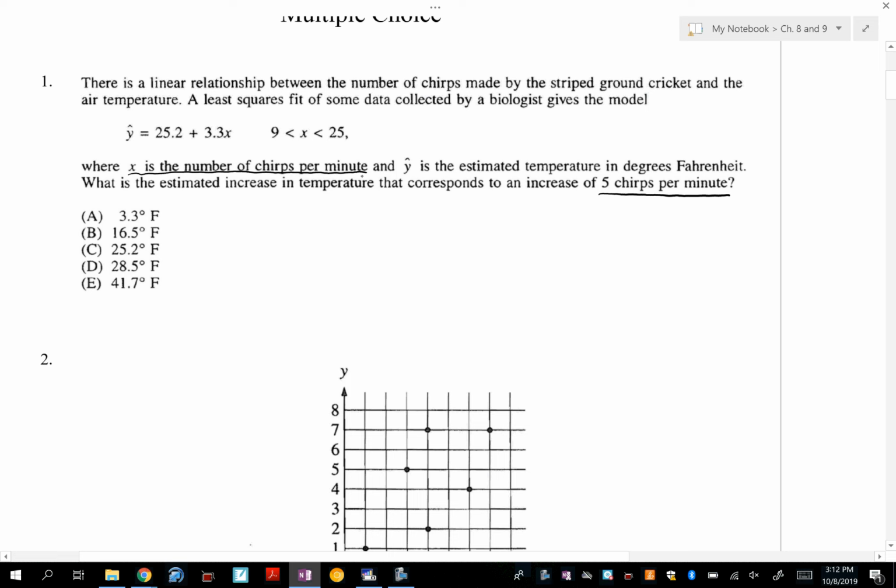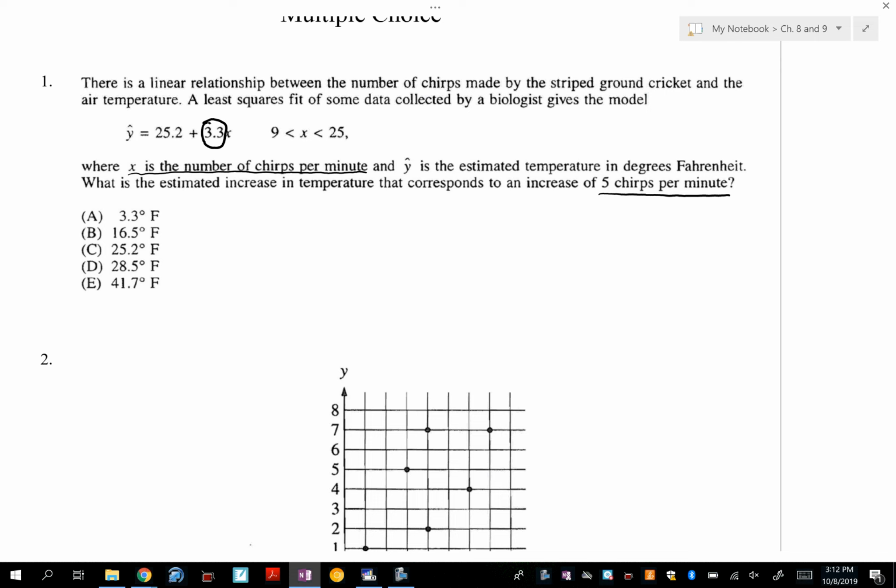Okay? So if I look at my slope of 3.3, if I interpret it, it says for every increase of 1 chirp per minute, what do I expect to happen to the temperature? To go up by 3.3.